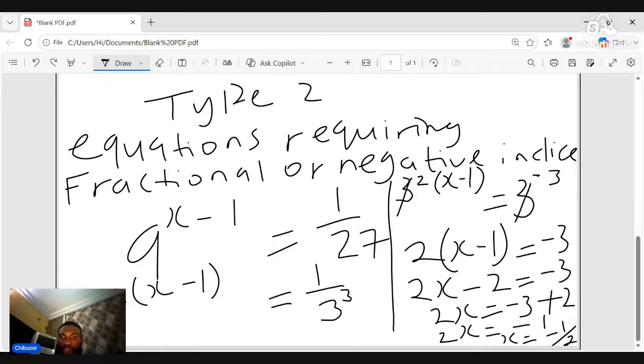We said 2 times x is equal to 2x, and 2 times minus 1 is equal to minus 2. So that's how we got the minus 2. Do you understand now?